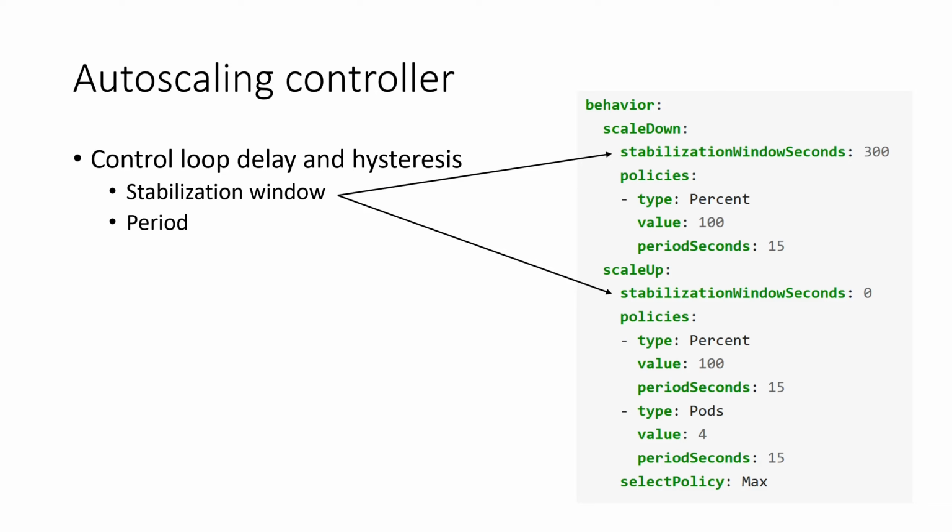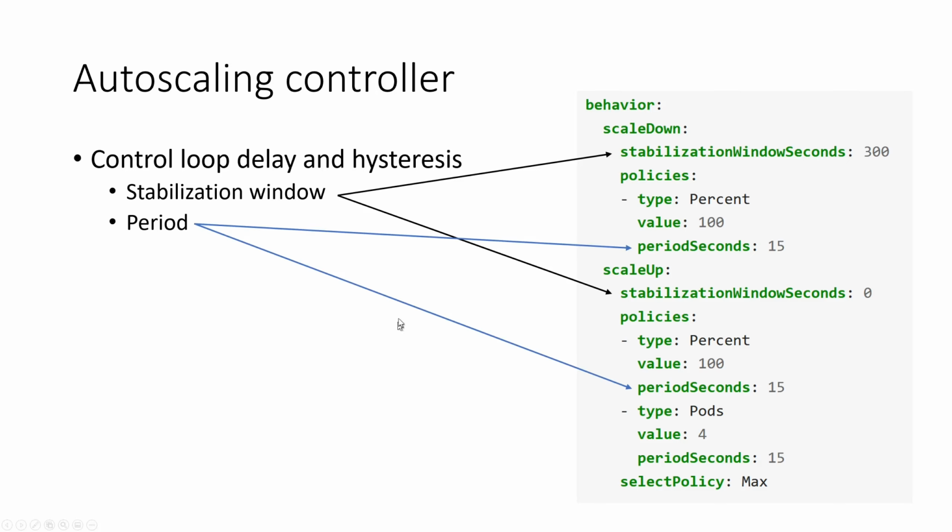So the Kubernetes autoscaler does have knobs that we can use to control how it deals with delay and hysteresis. One such parameter is the stabilization window. Here we see that when the system is scaling down, the stabilization window is 300 seconds. So the autoscaler would take a decision to likely reduce the number of instances, and then it will wait 5 minutes until it reduces the number of instances again. And this will allow the system to stabilize.